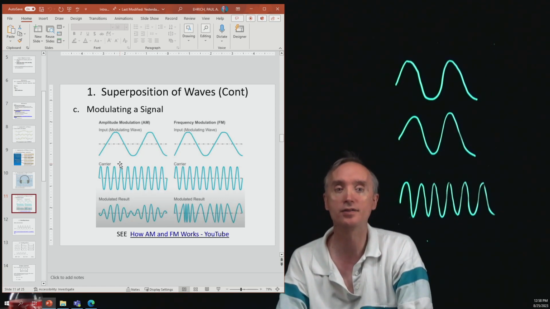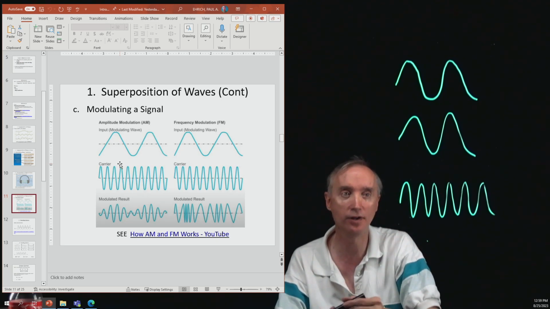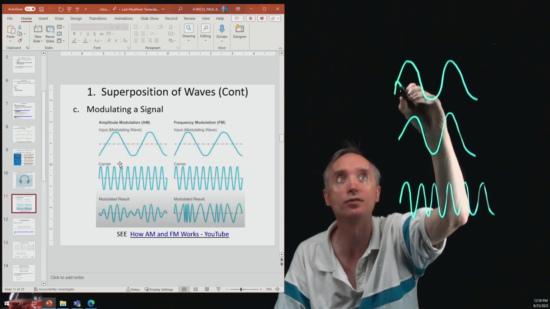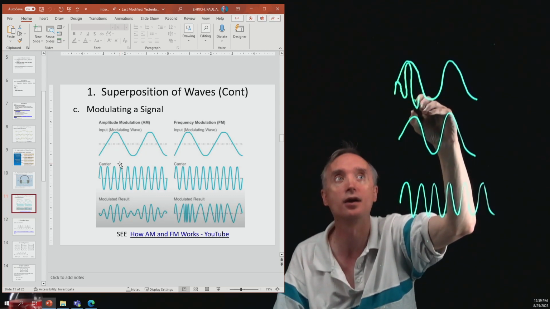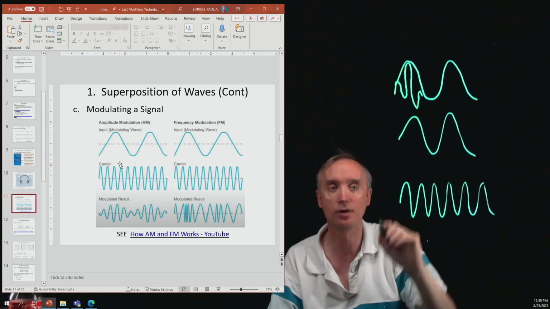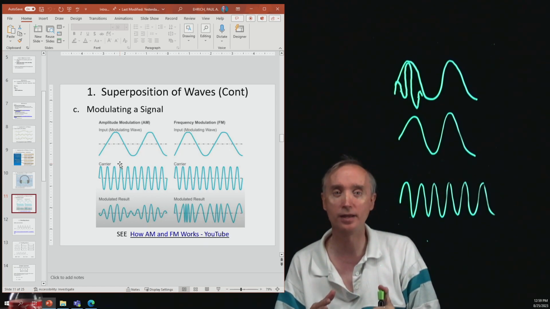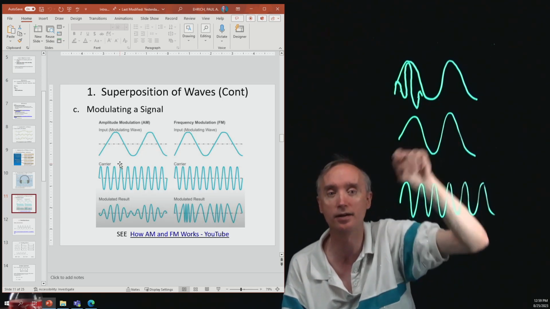And so it's one way of adding the two waves together, and then you can see that you get this very complicated looking signal. It still has the original frequency, but can you see that it gets big and then it gets small, and it's fitting inside of this one right here. It's complicated, but that's in general how you make an AM signal. It's called amplitude modulated. So the amplitude is what is changing inside of there.